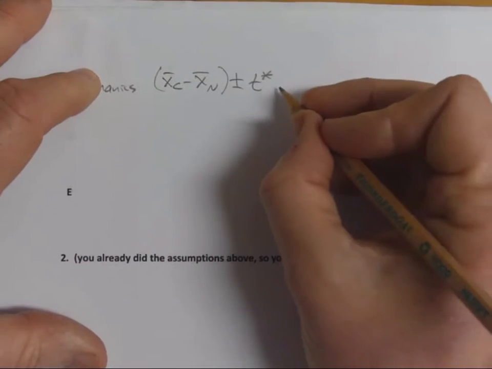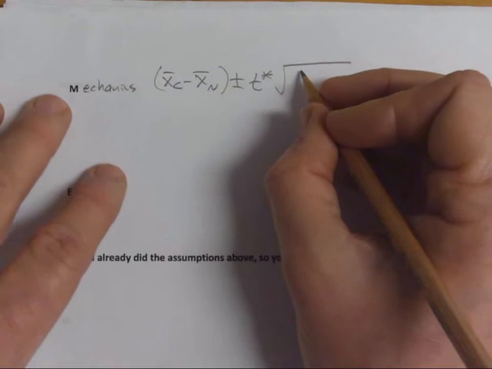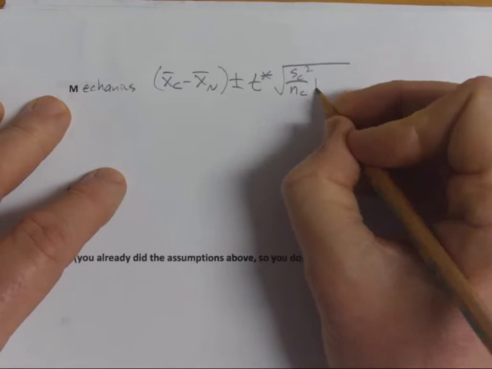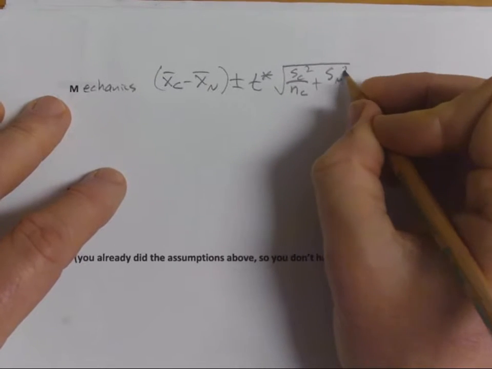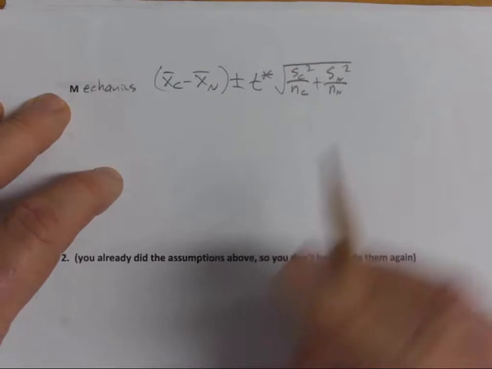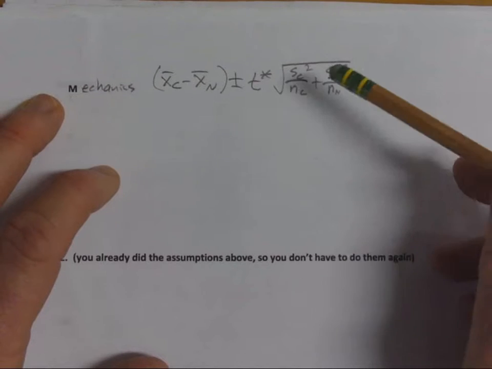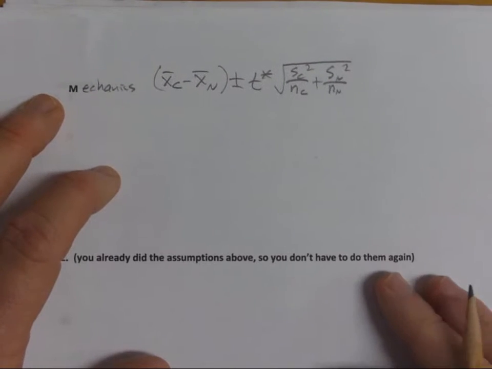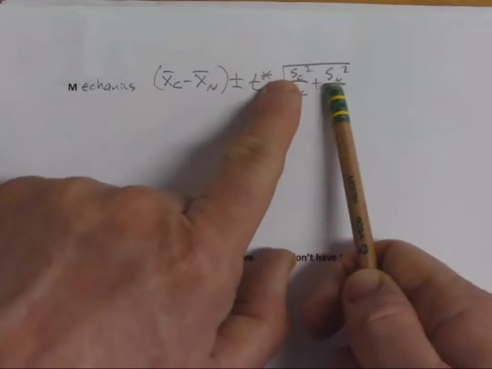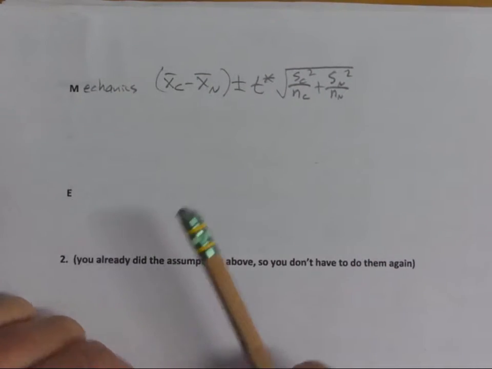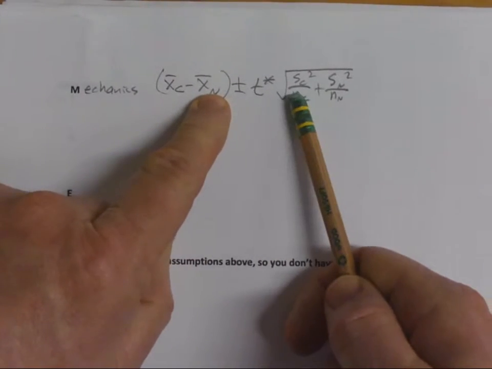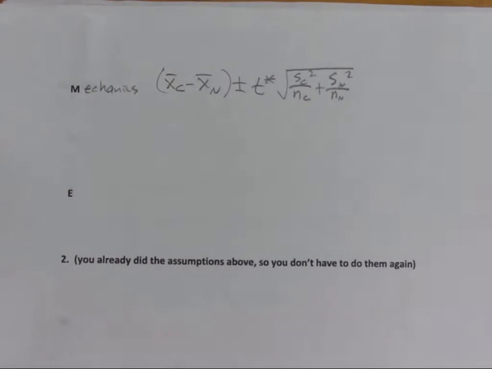All right, and then this would be s sub c squared over n sub c, and then plus s sub n squared over n sub n for no chemical plant. And so that is our formula. We have to use S in place of sigma because that's what we got. And it's for that reason that we have to use T star instead of Z star. If we knew sigma, we could use Z star there. But we're using T star because we have not only estimates here, but estimates there. Because we have so many more estimates, we have more variability.